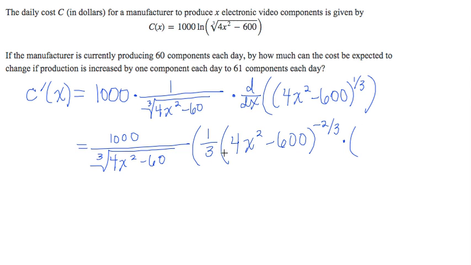The derivative of 4x squared is 8x, and of negative 600 is 0. So that's it right there. That's a messy looking derivative. You can simplify if you want, but it doesn't really matter because you're just going to plug in 60 anyways and then see what you get.